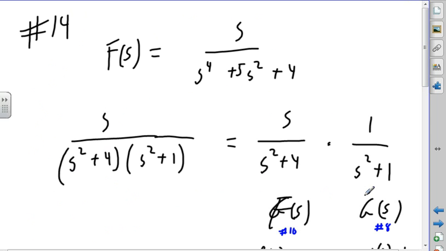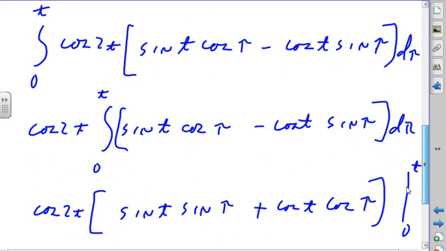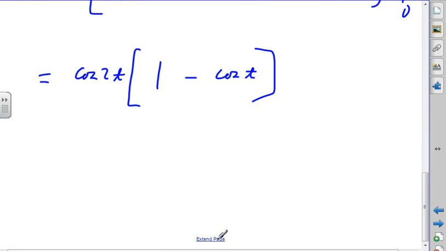Okay, did I factor that right? I factored that right? Yeah, I factored that right. So now the issue is, is this the same as the answer in the book?